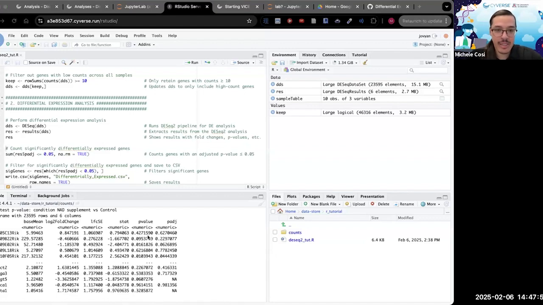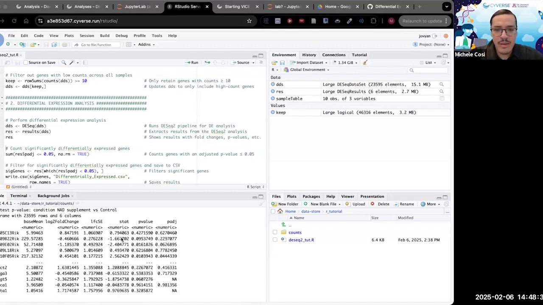And I feel the need to go through it line by line. So column by column, here on the left, you have the base mean, which is the mean of normalized counts for all samples. Then you have your log2 fold change of the NAD supplement versus the control. Obviously, we want to visualize this column because if it is just in digits, we can't really figure out what it says.